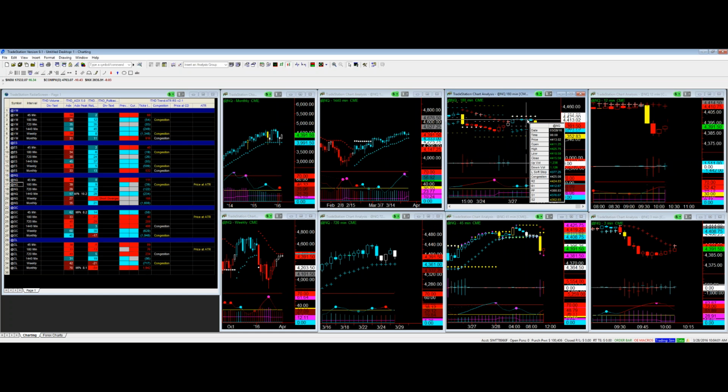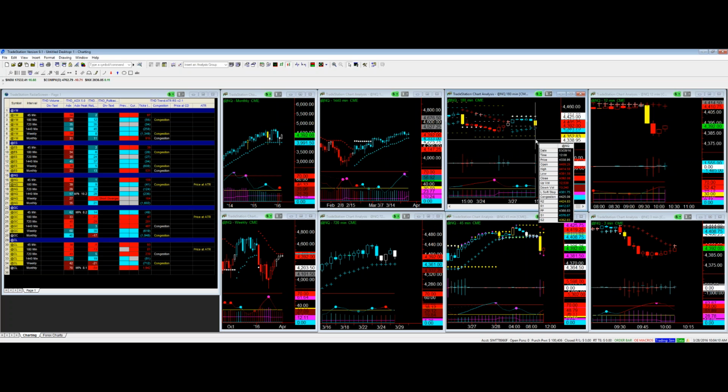Okay, you see that it was at a congestion dot earlier, and now it is at the ATR. So you would expect the volume to be increasing if that ATR is going to be broken. Using the magenta peak off of the 1440, I know we should actually flip this ATR and go lower.